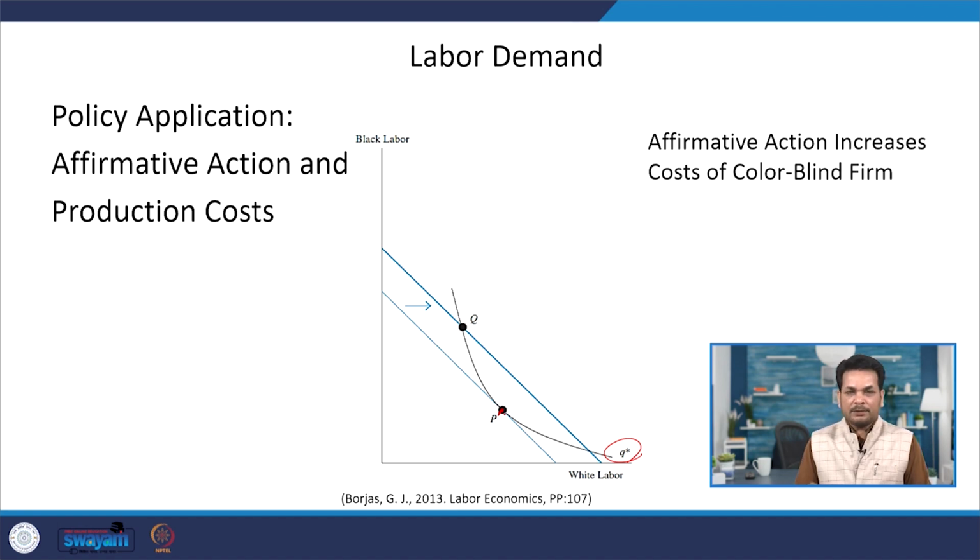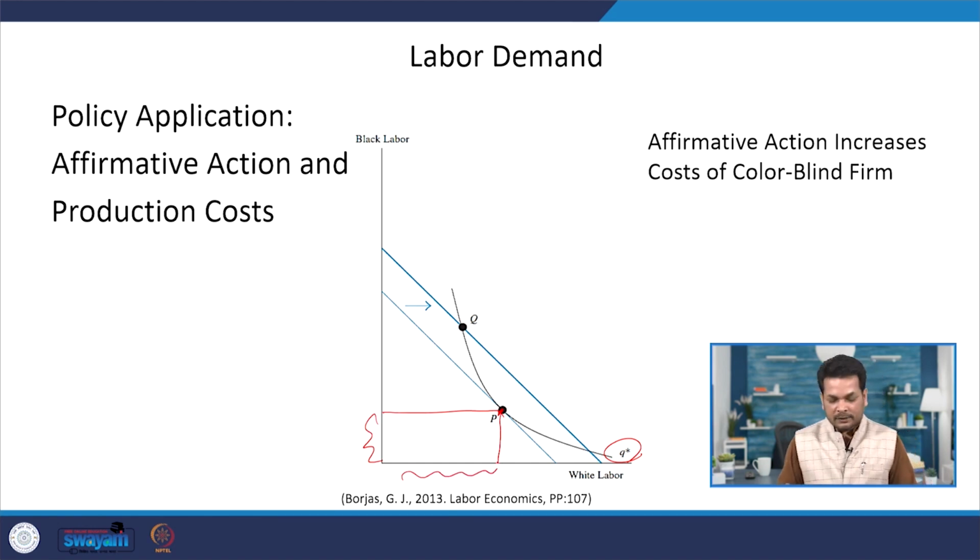Point P is maximizing its profit by hiring this much of black workers and this much of white workers. So, by default, the farm is going to hire fewer black workers in order to maximize its profit.